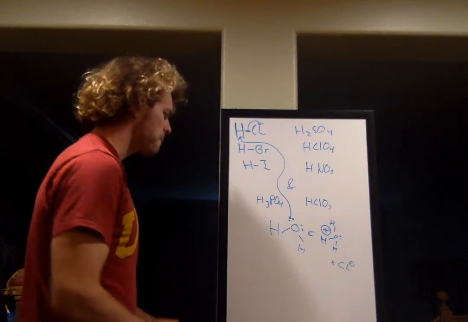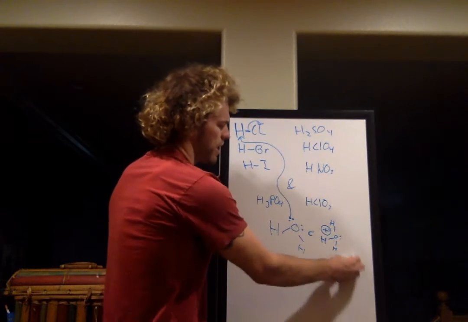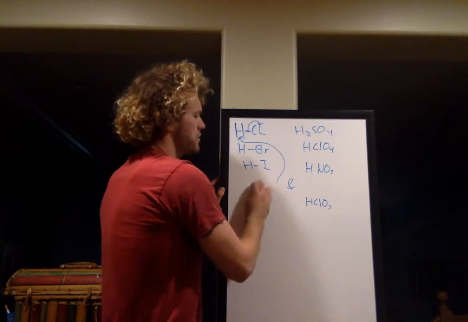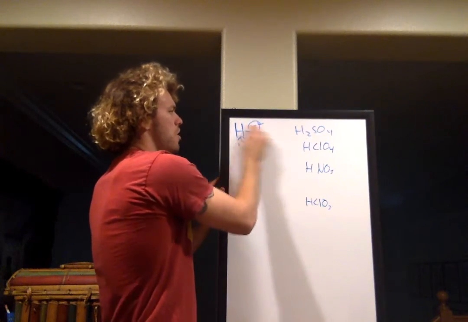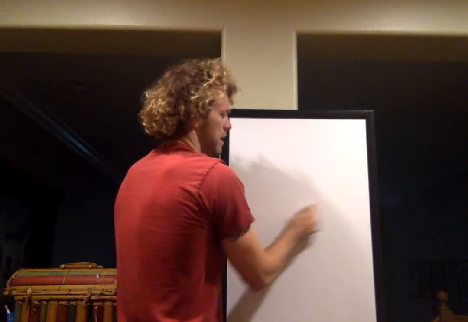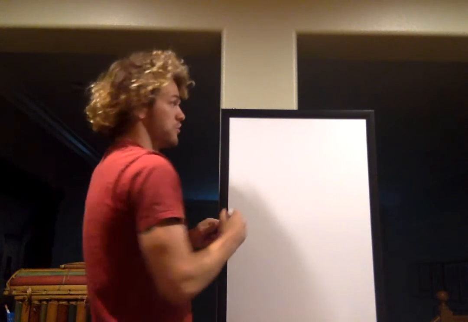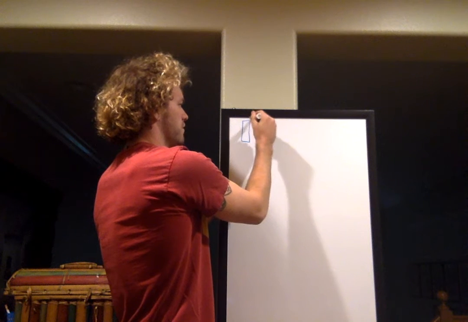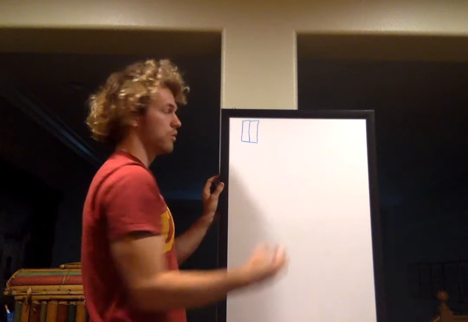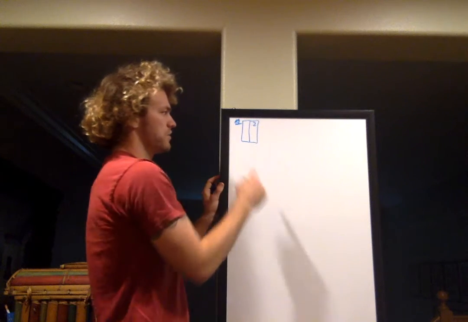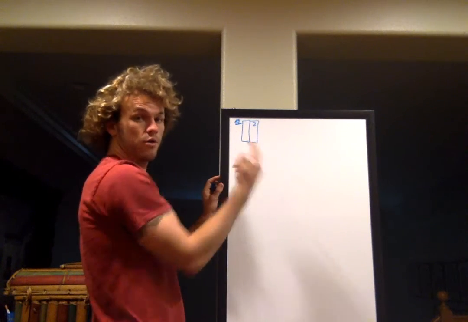Now, contrary-wise, let's look at bases. The strong bases your professors will want you to memorize are bases that are in the alkali earth or alkali metal groups. So we're talking about, in the periodic table, the ones on the far left in the first 2 columns, group 1 and 2. These are your alkali metals and your alkali earth metals.